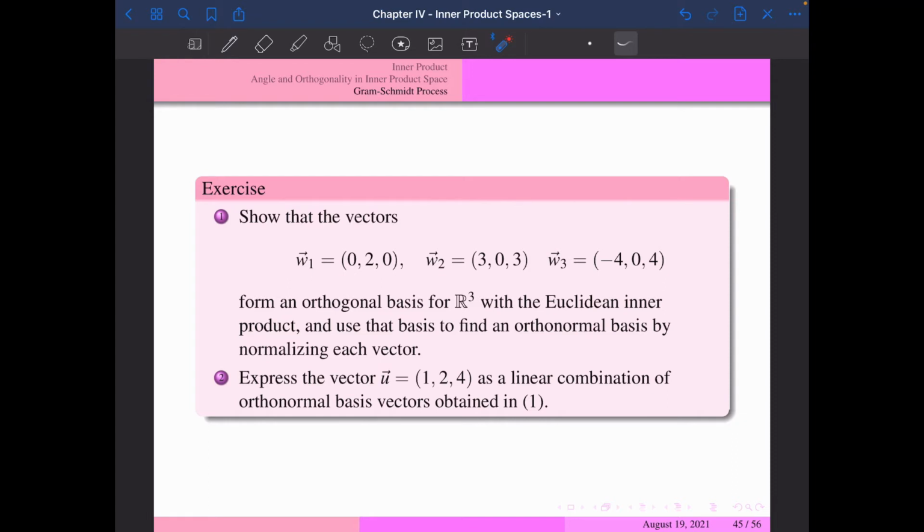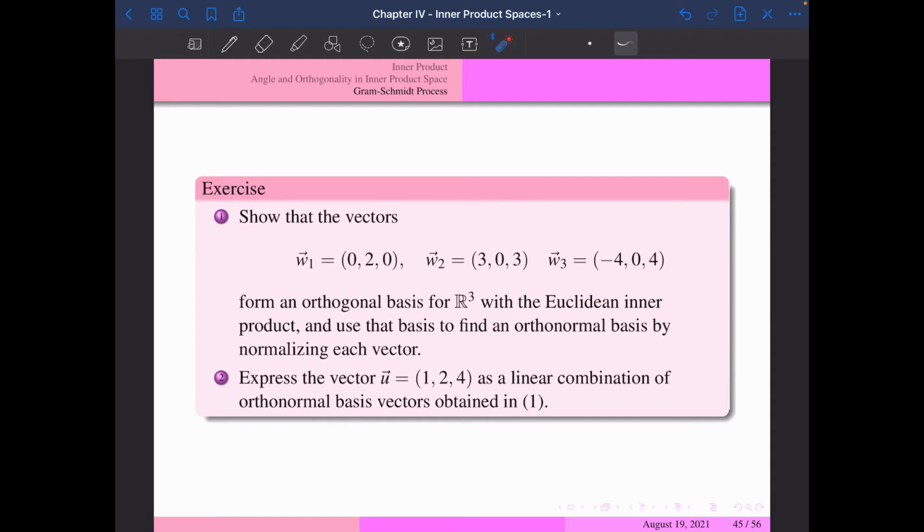This is question number 1. Question number 2 is to express the vector u as a linear combination of the orthonormal basis vectors obtained in 1. Before we do question 2, we need to do question 1.